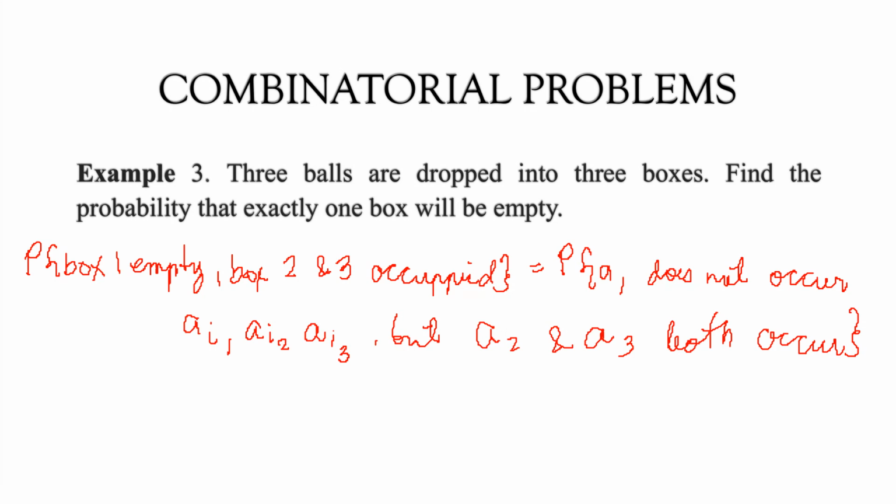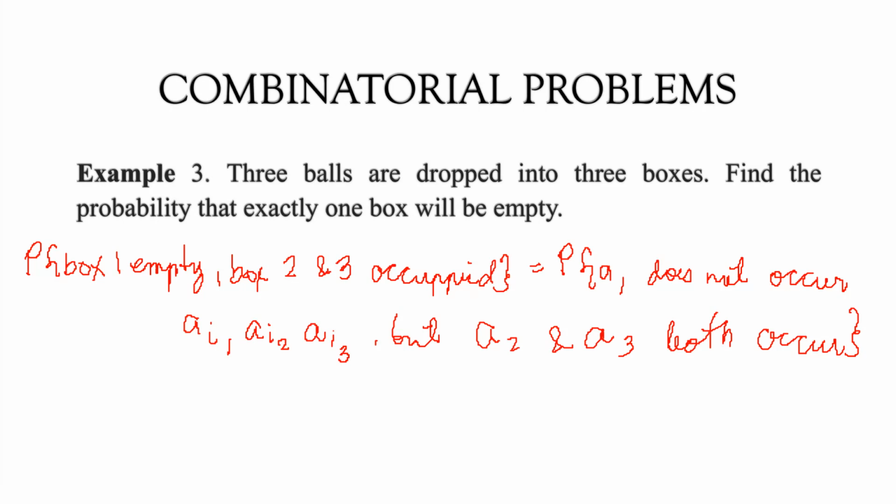We may choose the symbol that is to occur twice in two ways. The symbol that occurs once is then determined. Say a sub 3 occurs twice and a sub 2 once. The position of a sub 2 may be any of three possibilities, so the positions of the two a sub 3s are then determined.